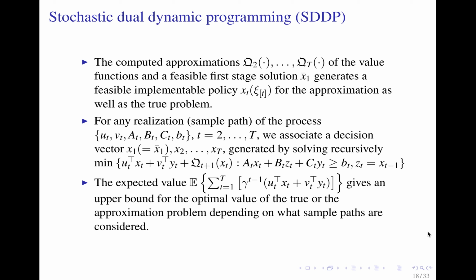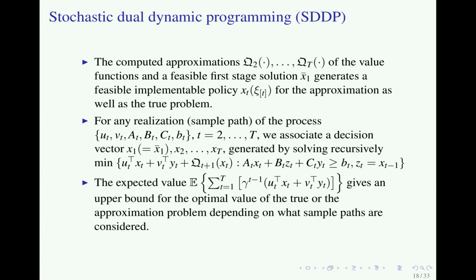The more important thing about this SDDP algorithm is that the cutting planes we obtain from solving the discretized problem imply an implementable feasible policy for the true problem. So how do we achieve that? We achieve that by using the definition.